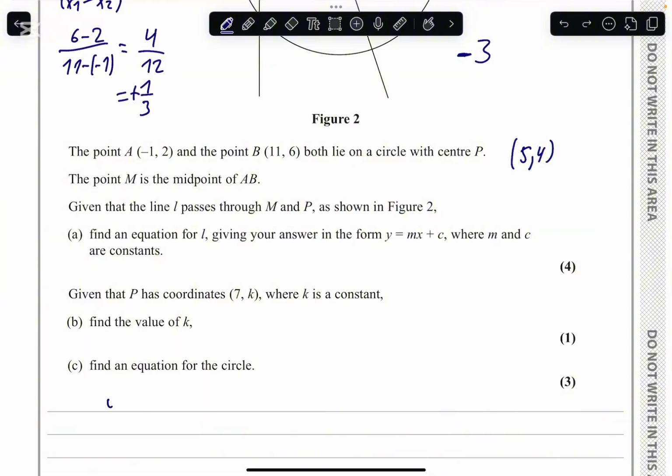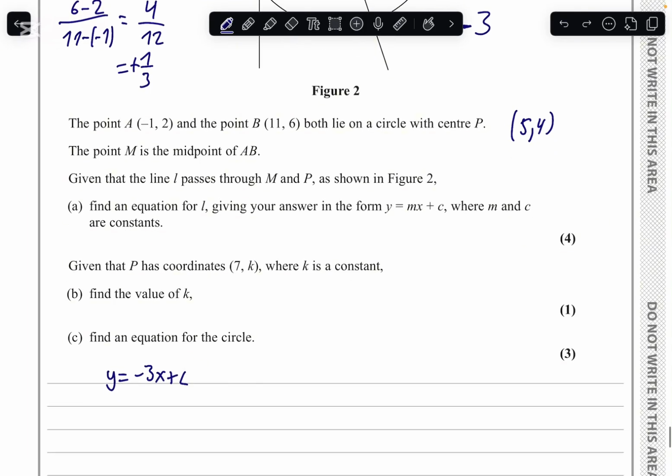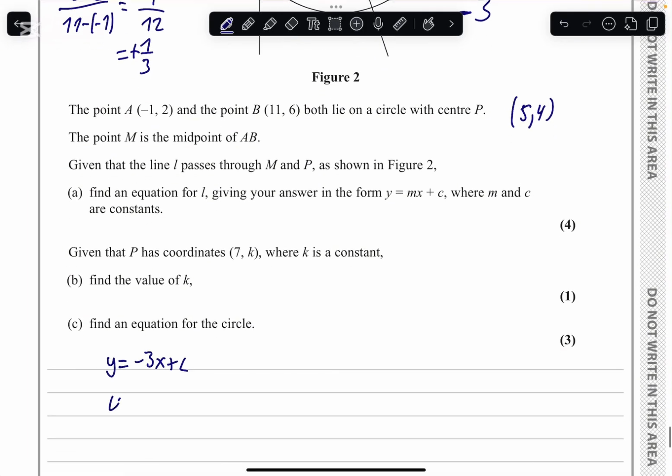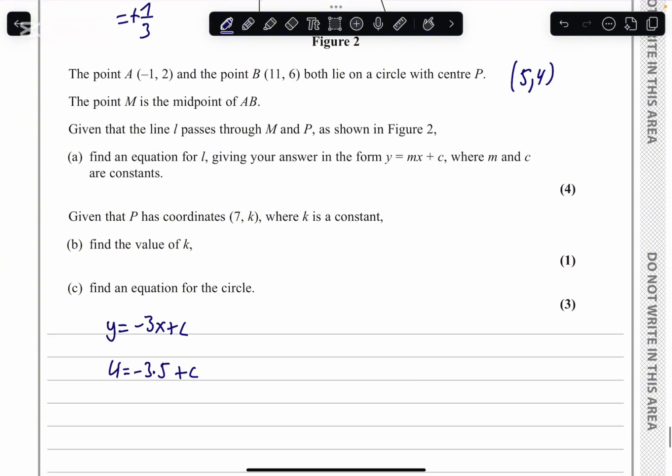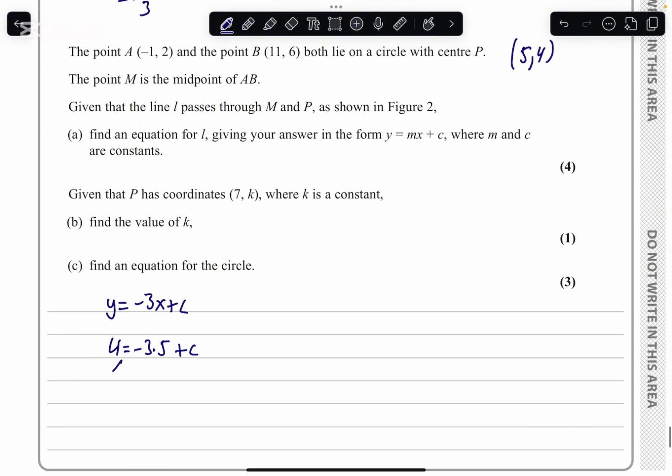We do y = -3x + c, and we put in the coordinates of a point we know is on that line. So 4 = -3 times 5 + c, which gives 19 = c. So the equation is y = -3x + 19.